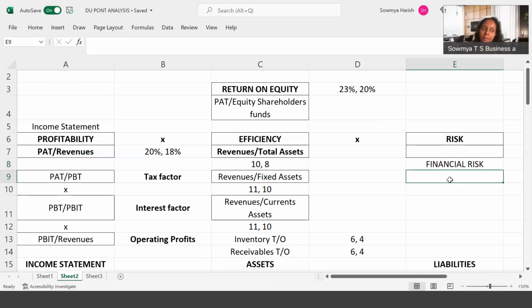So, what is financial risk all about? A firm will have financial risk when there is borrowing. When the firm borrows, it is exposed to financial risk. Is it good to borrow? Is it not good to borrow? And what are the consequences of borrowing funds? See, for example, when the firm has debt capital or loans, whether or not the firm generates profits, it will have to make the interest payments.